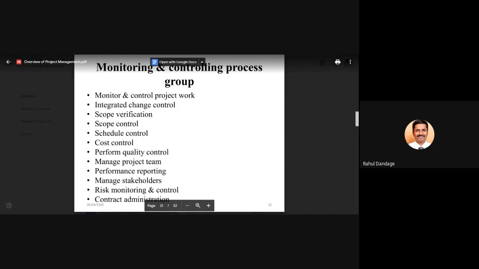And the contract administration. So whatever contracts we are going to execute for this particular project, the administration of those contracts, that also we have to take into account in this monitoring and control process.